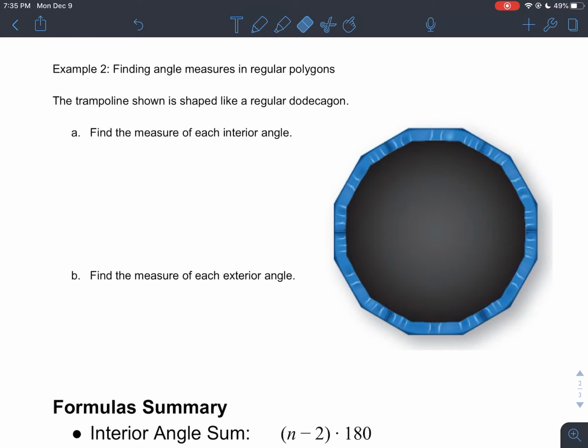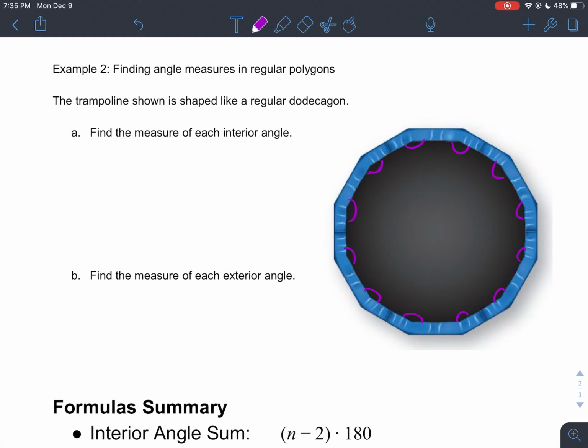It asks us to find the measure of each interior angle and the measure of each exterior angle. So I am looking for the measure first of each of these angles. And then I'm going to look for the measure of each of the exterior angles.